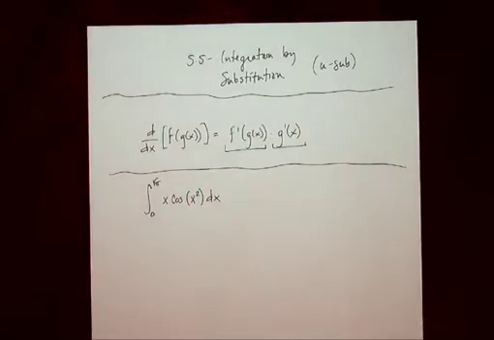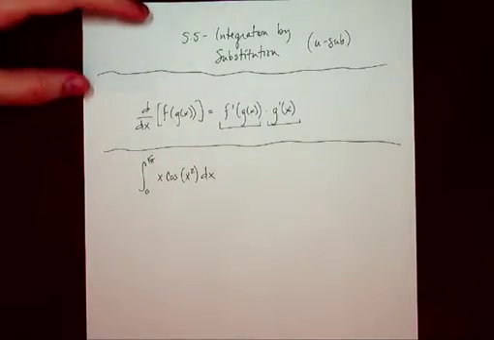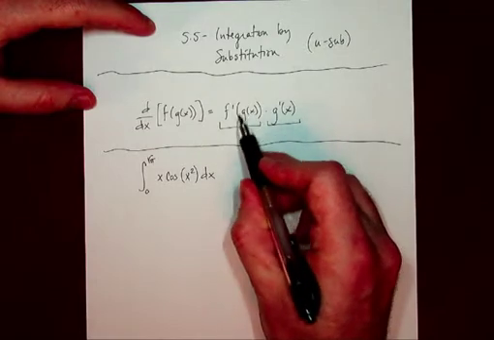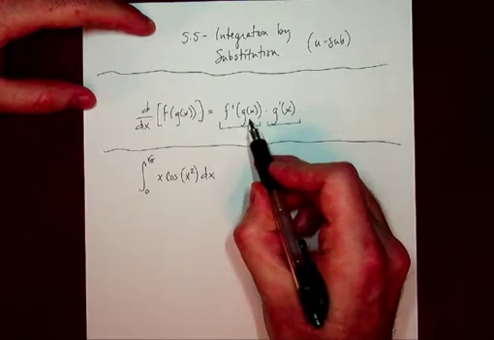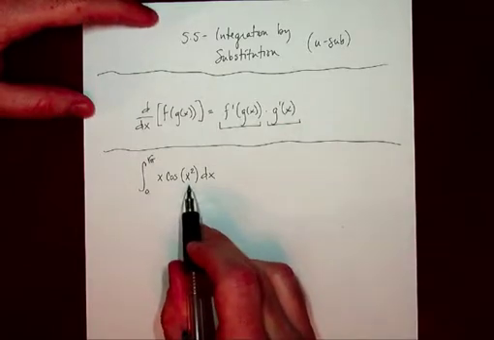Okay. Once we get a little bit more comfortable with the procedure and the method, you'll start seeing these things without asking yourselves these questions that I'm going to be running through. But for the time being, let's walk through those questions. What is this the derivative of? What is my u? Or in this case, what is my g of x? When I'm identifying the g of x, the inside, we need to use that to identify the u.